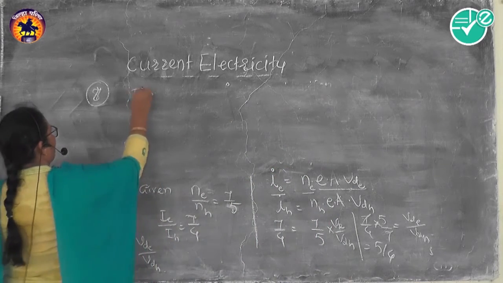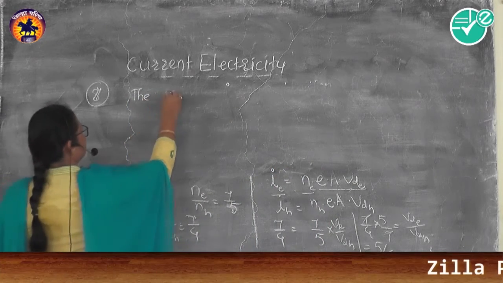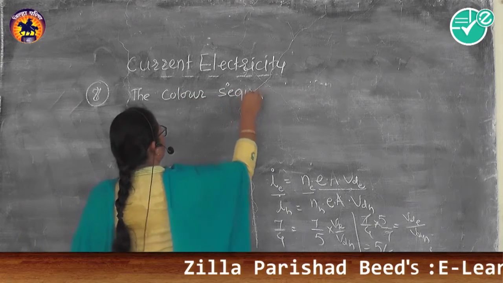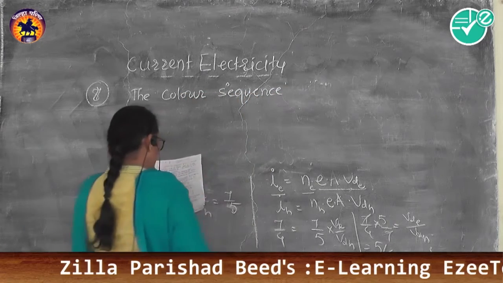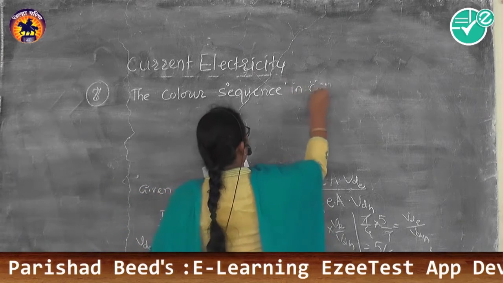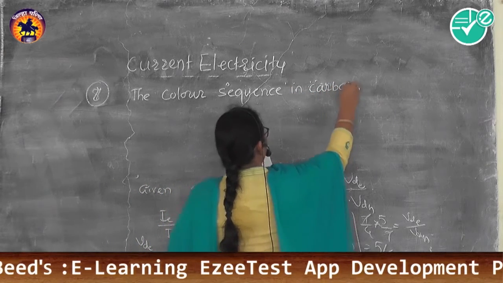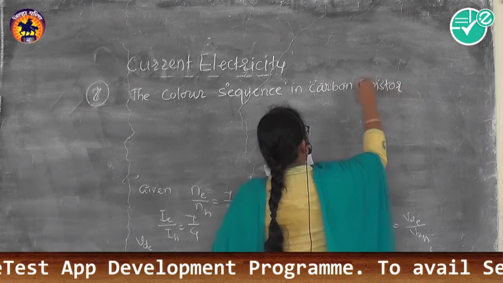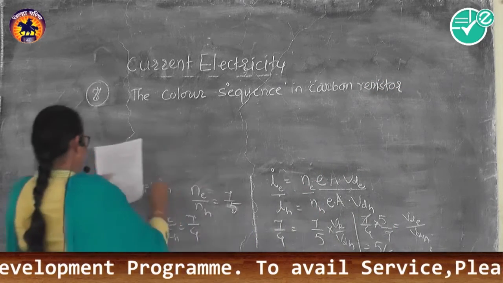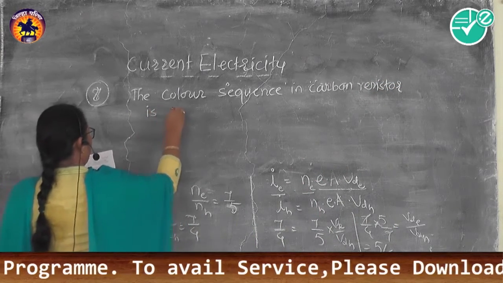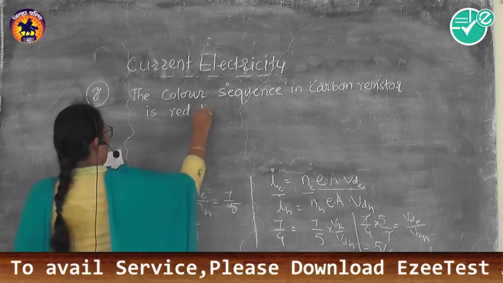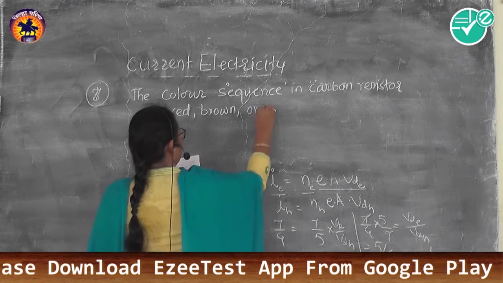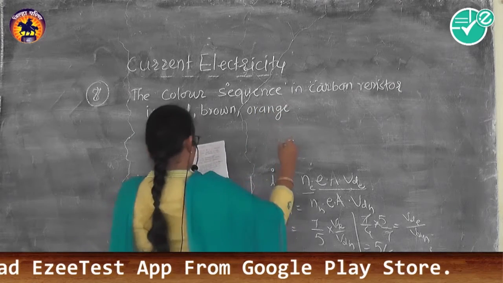The color sequence in a carbon resistor is red, brown, orange and silver.